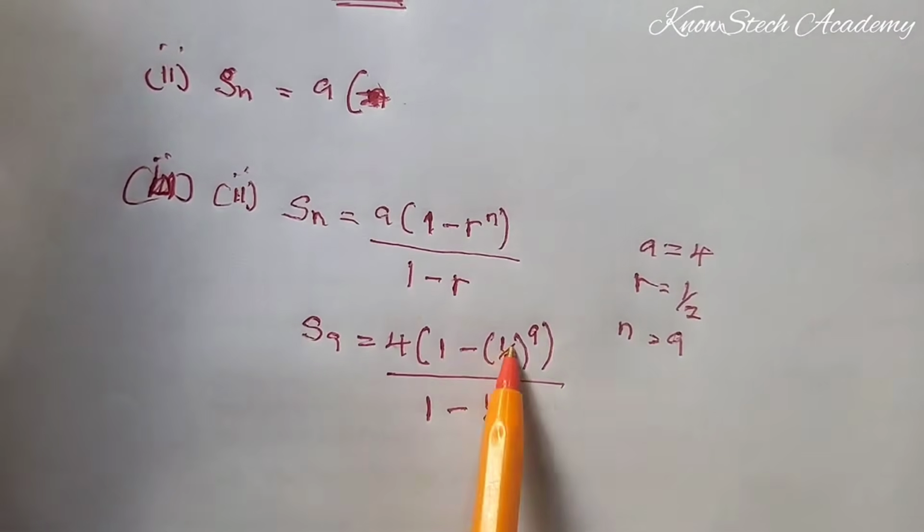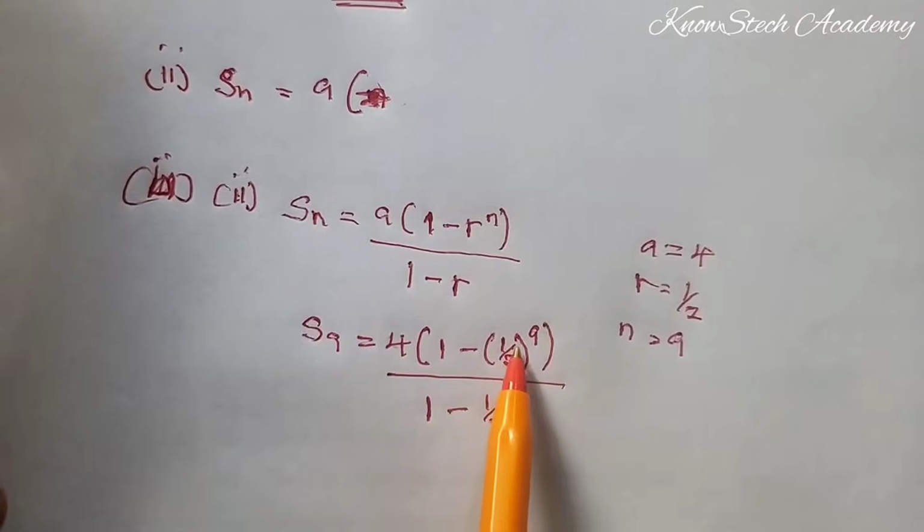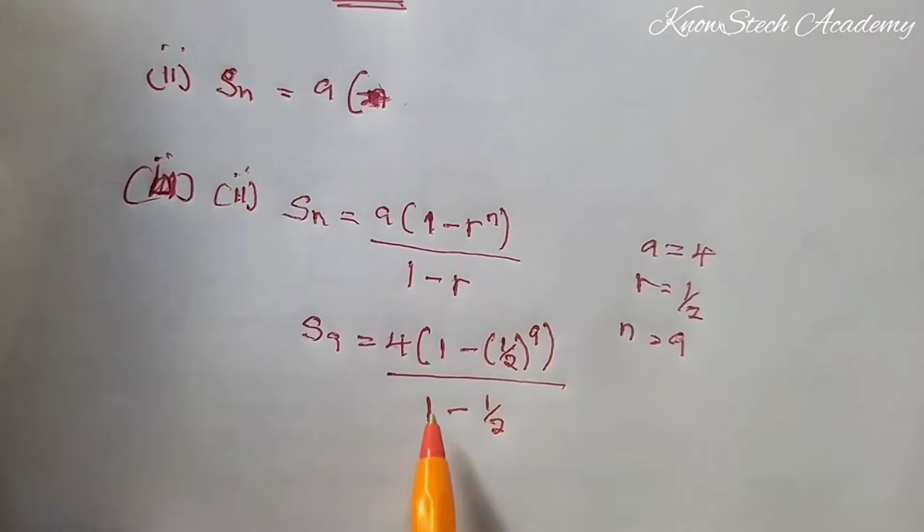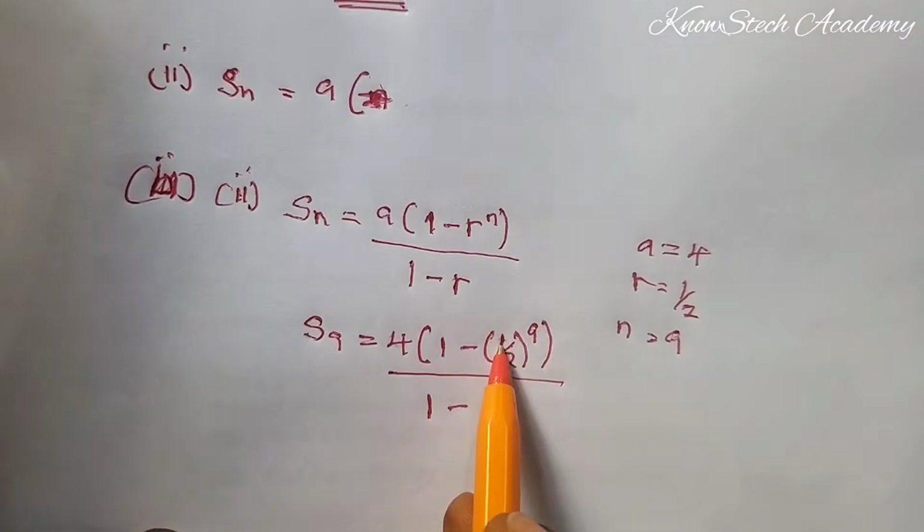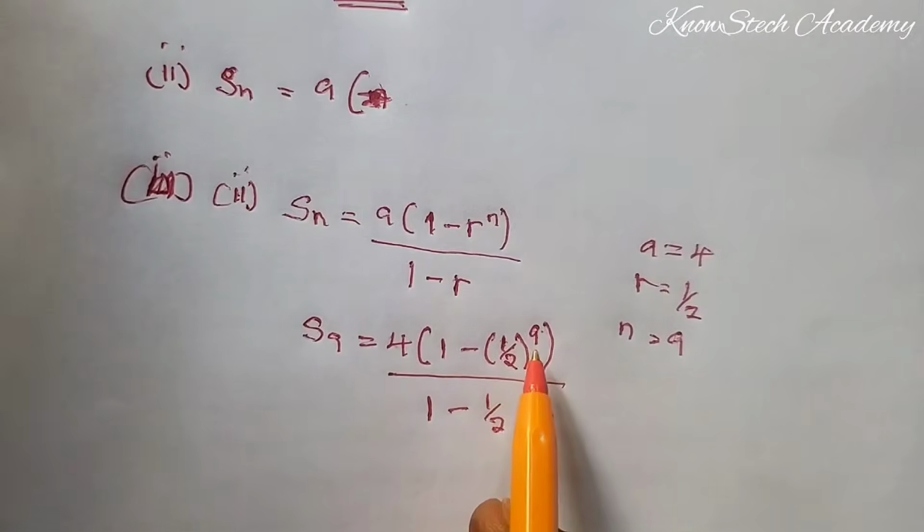So solve this first. This one is 1 to the power 9 over 2 to the power 9. So just deal with 2 to the power 9.